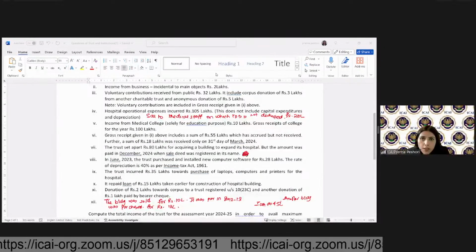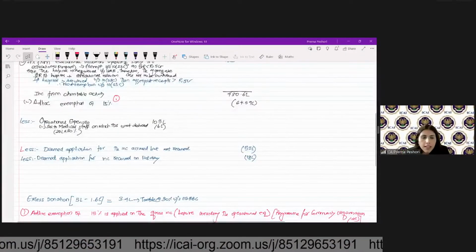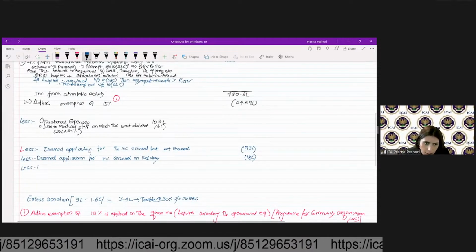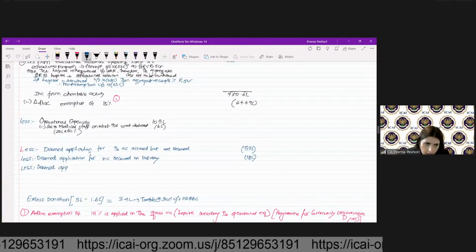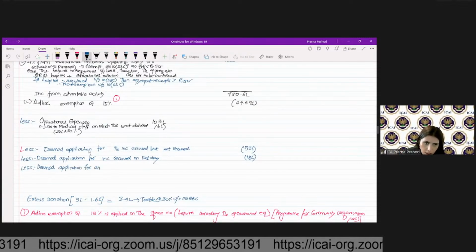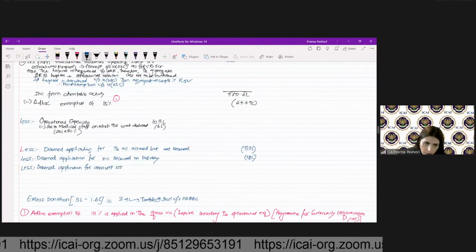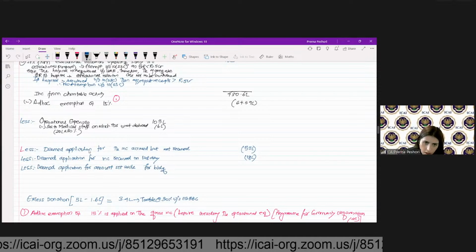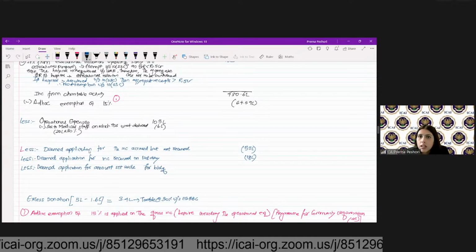So just write down over here. Less deemed application for amount set aside for building.